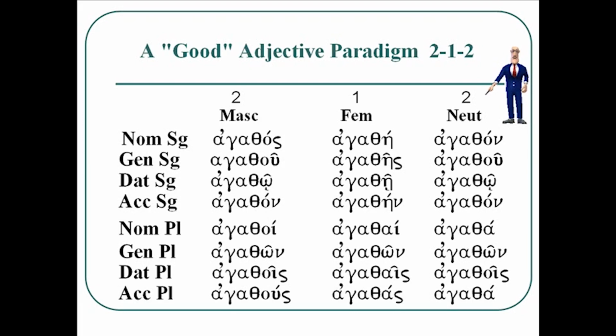You'll notice again in the neuter, the nominative and the accusative are exactly the same form in both the singular and plural, and the genitive and dative, both singular and plural, match exactly the masculine forms over in the second declension noun masculines. So these forms are nothing new, really, and can either be masculine, feminine, or neuter, depending on the noun that it modifies. It will match the noun in number, gender, and case.